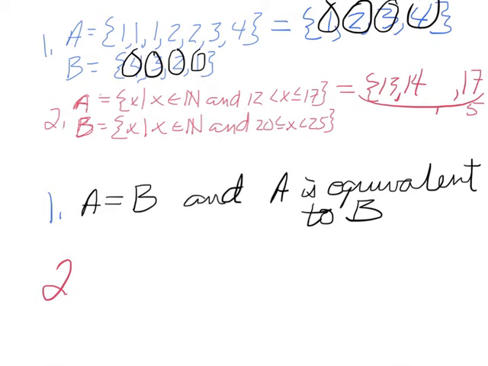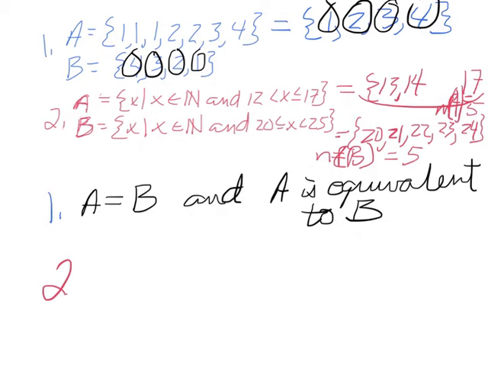Okay, the number in set A is 5. And this set is 20, 21, 22, 23, 24. It also has a cardinal number in set B equal to 5.